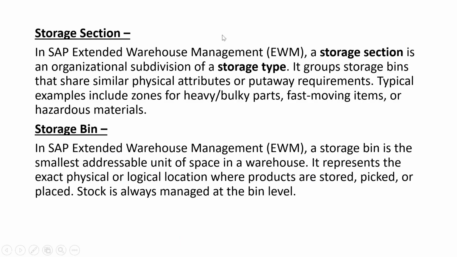The storage type could be vegetable or perishable, and we differentiate based on the section. Then the storage bin is the exact physical or logical location where a product is stored.